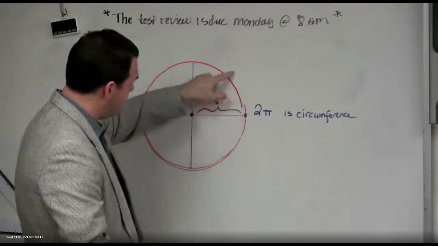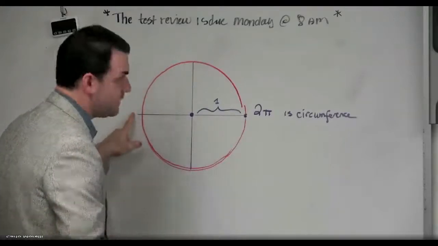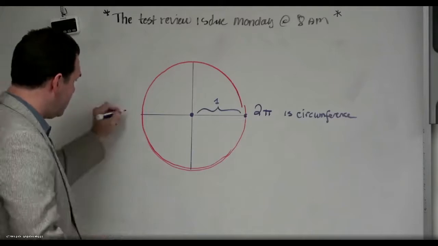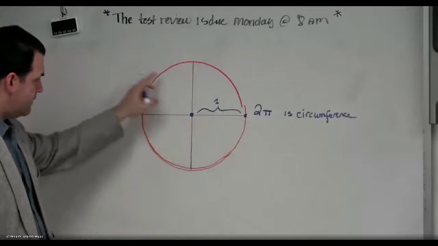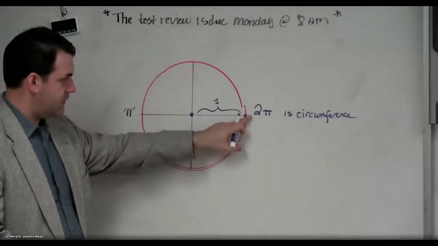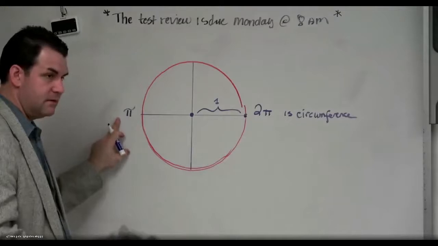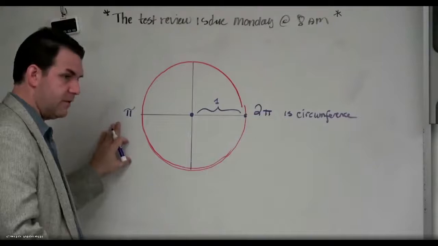Move your finger counterclockwise 180 degrees to here. And put pi. So we have here, we rotate all the way around here, we have pi. That's half the circumference of the circle.